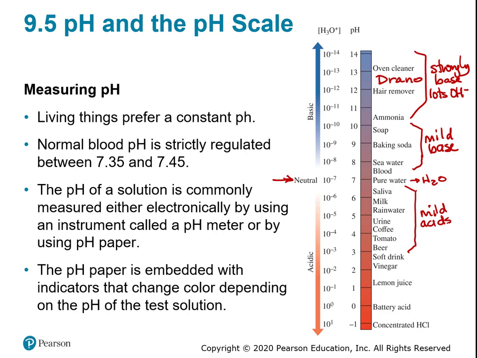They cause less issues in terms of irritation to the skin or tissues. But once you go below 3, 2, 1, and even 0, as you get lower into this range, stomach acid is down around a pH of 1. It's a little more acidic than lemon juice. And so you try to limit your exposure to these because these are very strongly acidic, which means that they make lots of hydrogen ions.